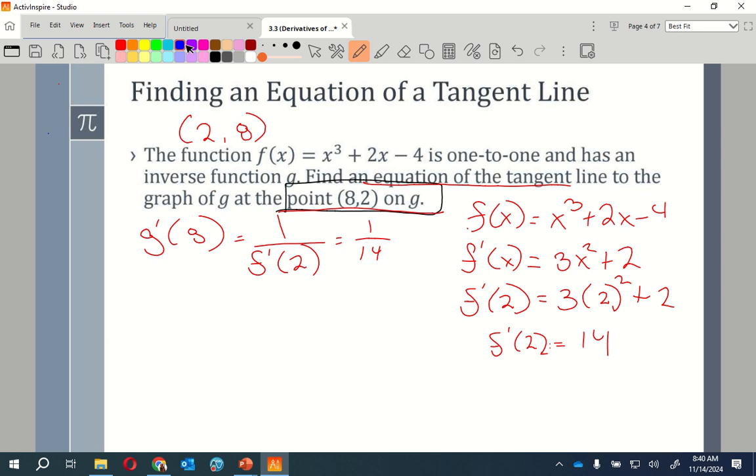So that means it's going to turn out like this. It's going to be y minus two, because it's on the G, not the F, equals 1 over 14 quantity x minus 8.